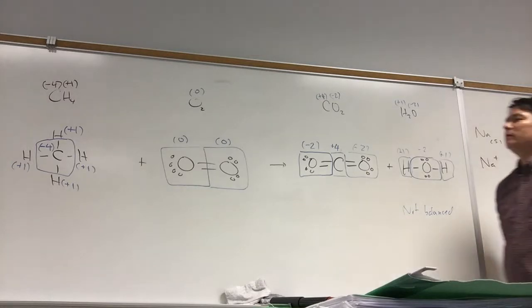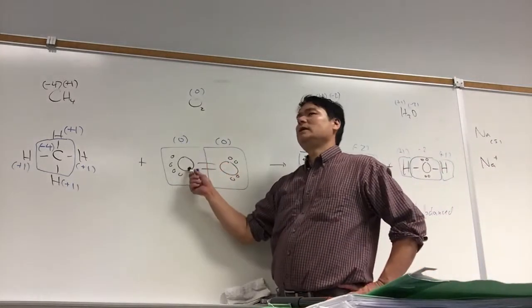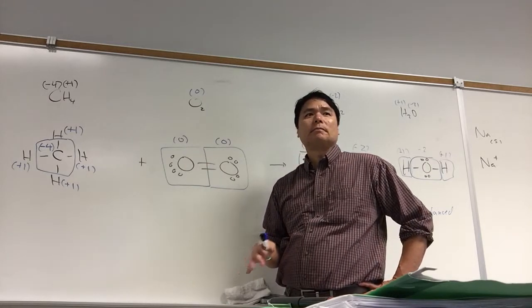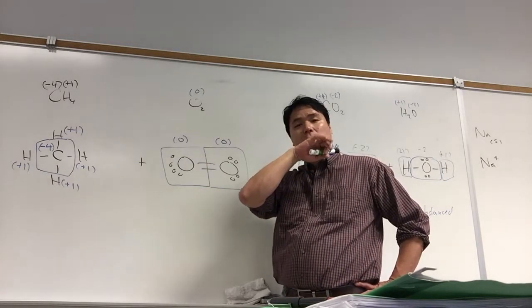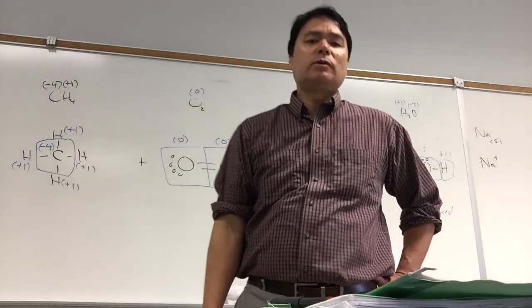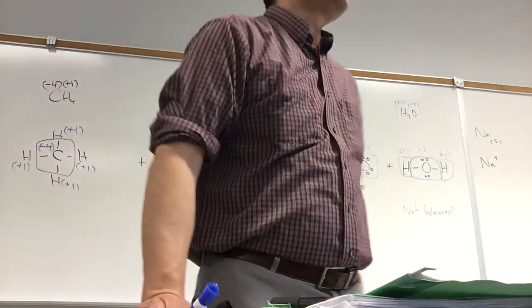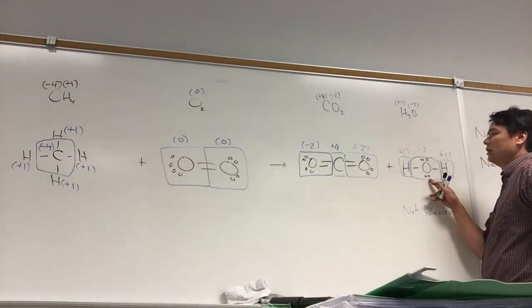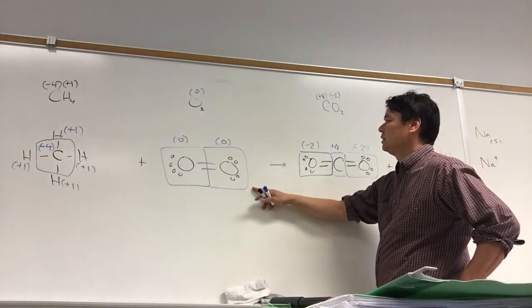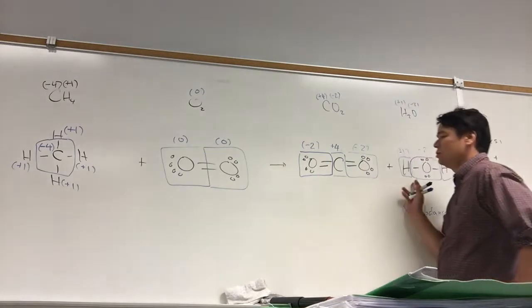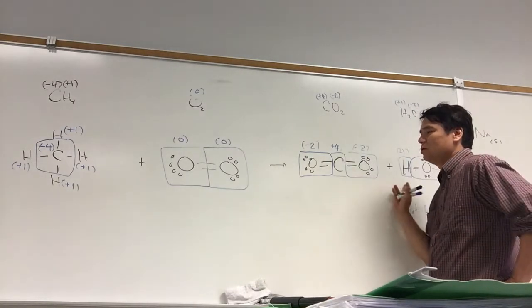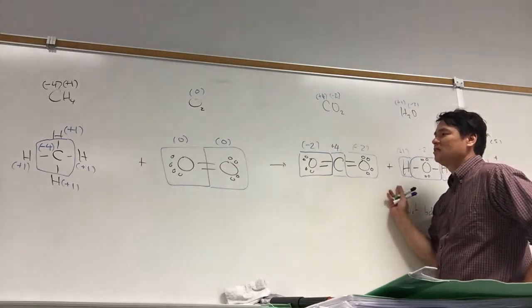For example, a number of 0 on oxygen means it's happy or not so happy. In other words, compare these two: -2 on oxygen over here, 0 on oxygen over here. Which of these two species, one a compound and one an element, is more stable?